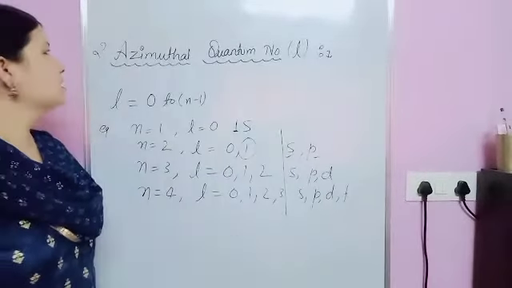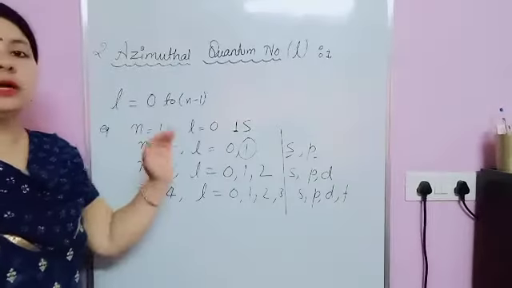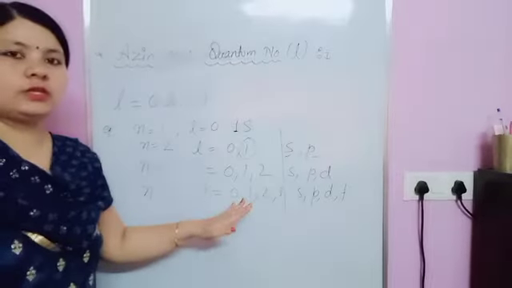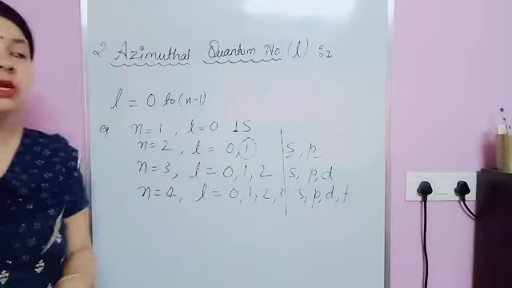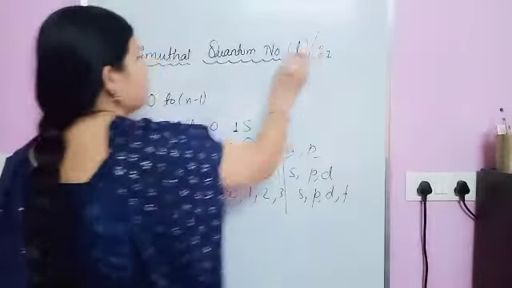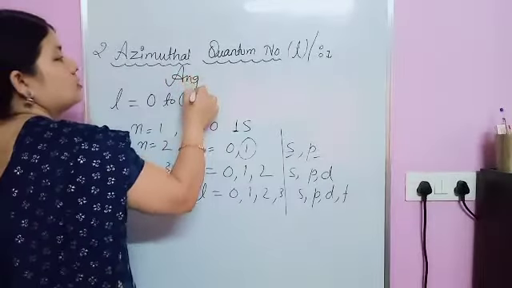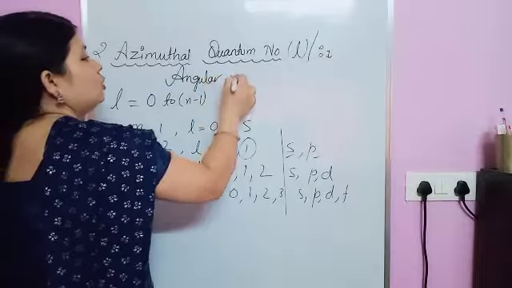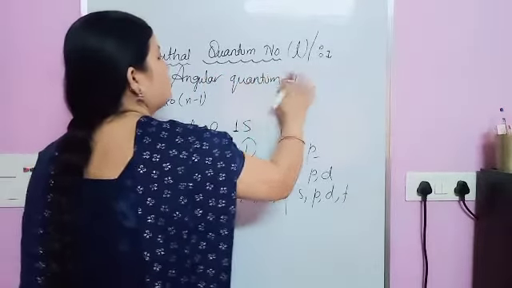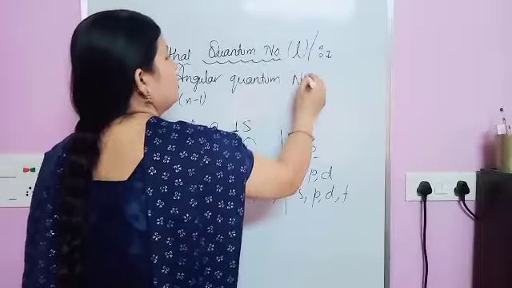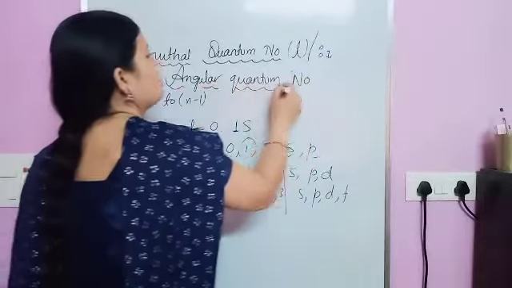So this one is regarding your azimuthal quantum number. One thing, this one describes subshell. Now one more thing, that this quantum number is also known as angular quantum number. Now why angular quantum number?